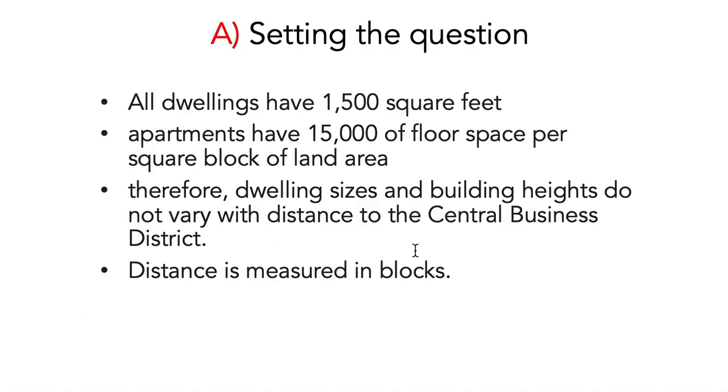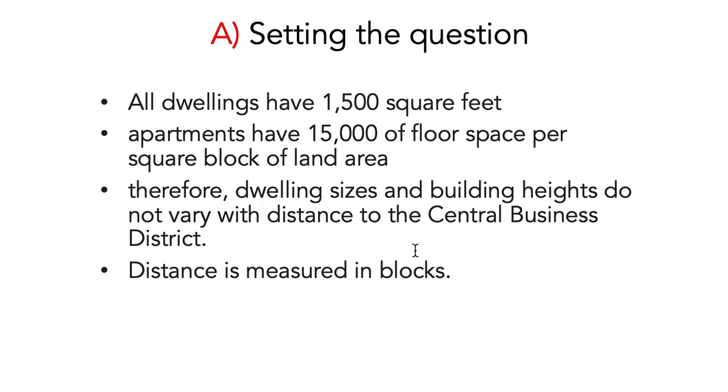So let's set the question. In this exercise, we find the equilibrium of a city under some specific assumptions about land use. We are going to assume that all dwellings must contain exactly 1,500 square feet of floor space, regardless of the location, and apartment complexes must contain exactly 15,000 square feet of floor space per square block of land area.